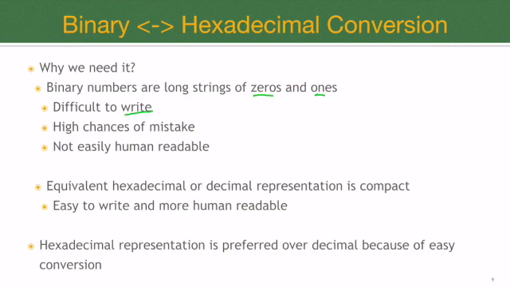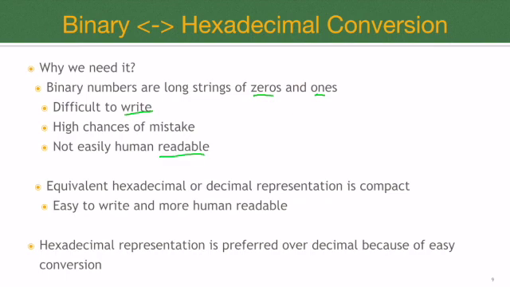There are high chances of mistake. We can miss the digits, or we can count a single digit multiple times, and that can result in a wrong representation, a wrong value of the number. And the binary numbers obviously are not very easily readable by humans.